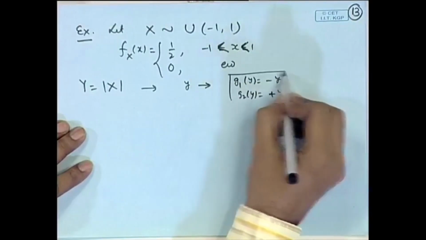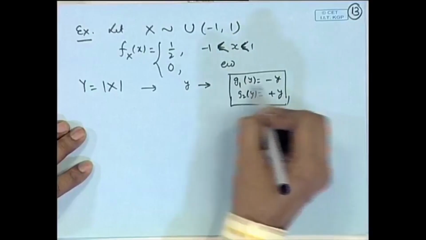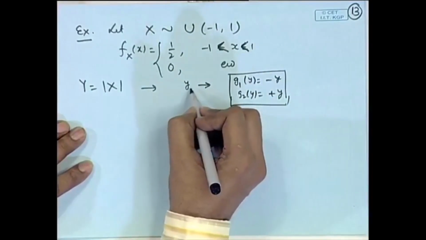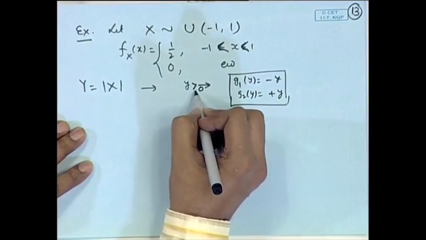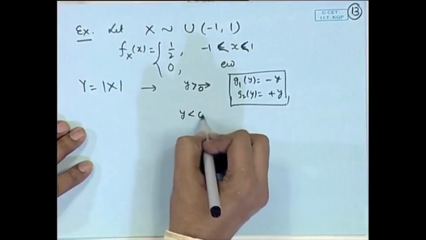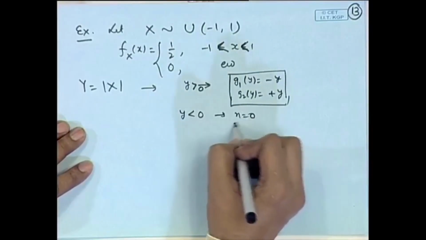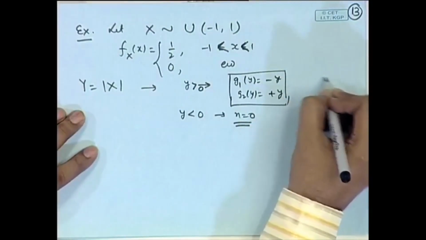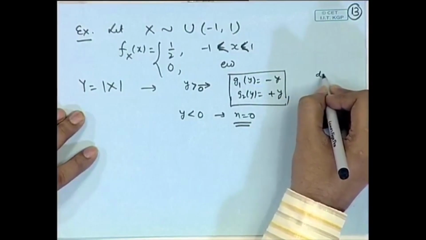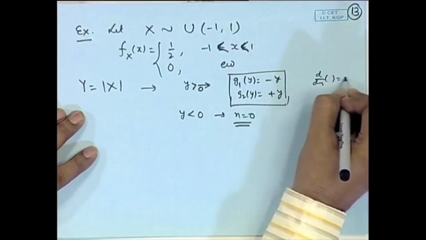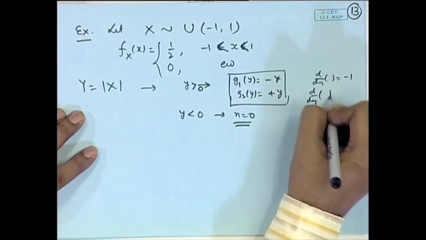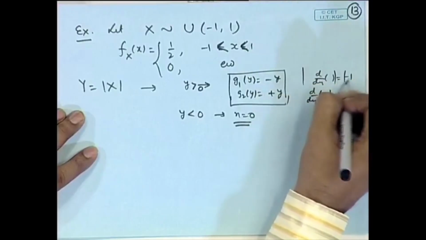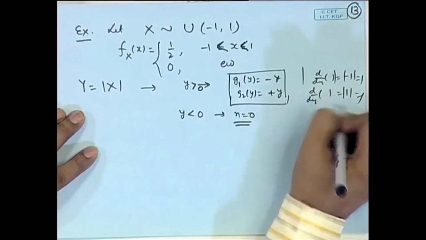So, two inverse images exist for y positive. If y is negative, n is equal to 0, that means there is no inverse image. The derivatives are -1 and +1, so if you take absolute values, both are 1.